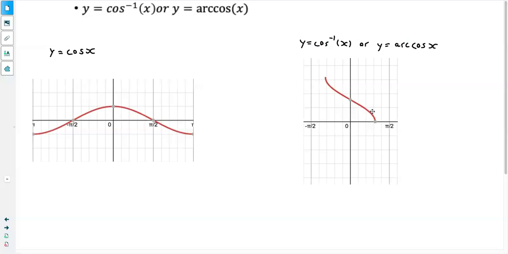So in restricting that domain, we have restricted it from here to here. So that's from 0, 1 to pi, negative 1.